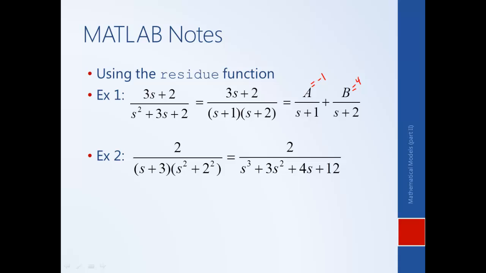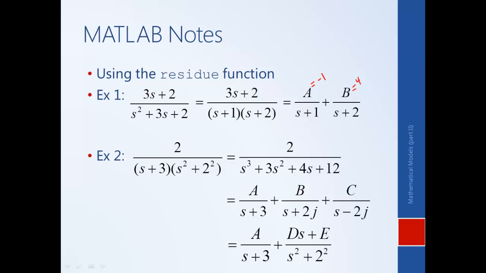If we expanded the denominator, if we multiplied it out, this is the form we would get. If we factored it into distinct roots, it would be like case 1, and all the numerators would be constants. If we did it as case 3, where we leave the denominator in the form of a quadratic, then the numerator won't simply be a constant, it will be a term that's linear in s.